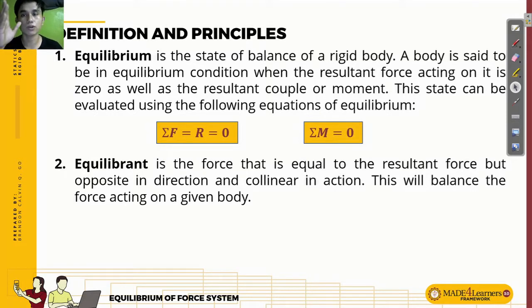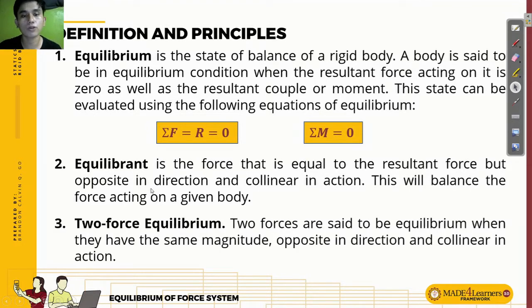If our resultant is downward, then the equilibrant is an upward force with the same value as the resultant, so that it balances that resultant. It is solved using the summation of forces, which will be equal to 0. So, it is stable.